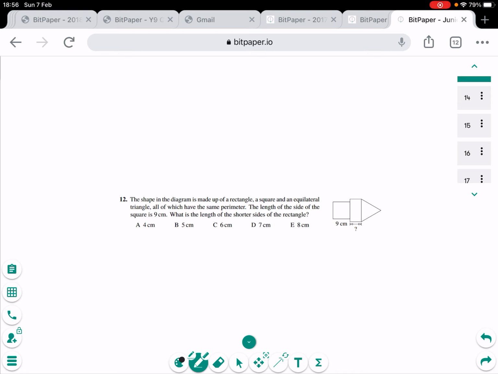For question 12, there's this diagram with a square, a rectangle and an equilateral triangle, all of which have the same perimeter.